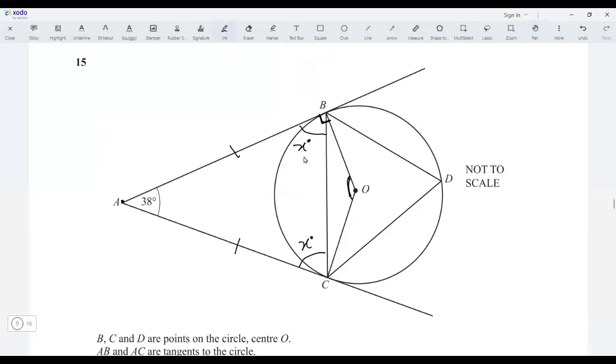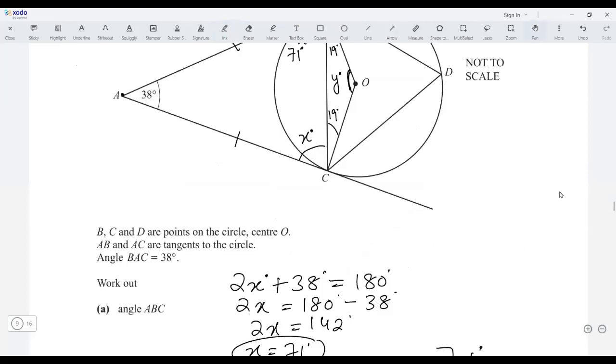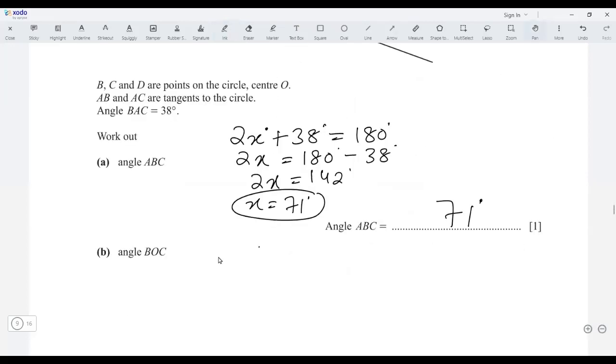So we know the right angle and we know the value of it, that's 71. If we subtract 71 from 90, the right angle, we will be getting 19 degrees. So 19 degrees will be here as well, because the same rule is to be applied here. So we suppose this angle as y. We know two of the angles, one angle is unknown, the same triangle interior angle rule: y degrees plus 19 degrees plus 19 degrees equals 180.